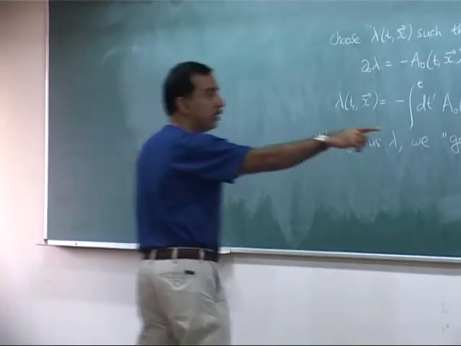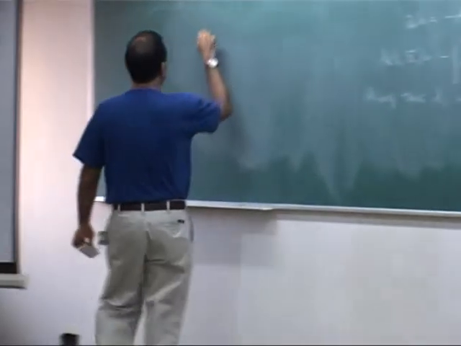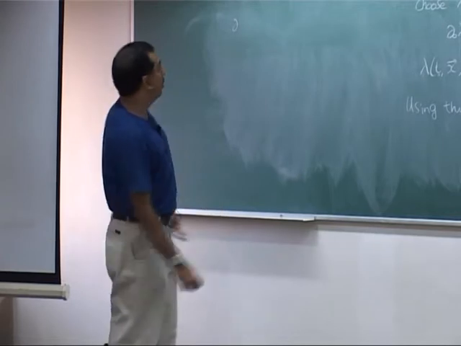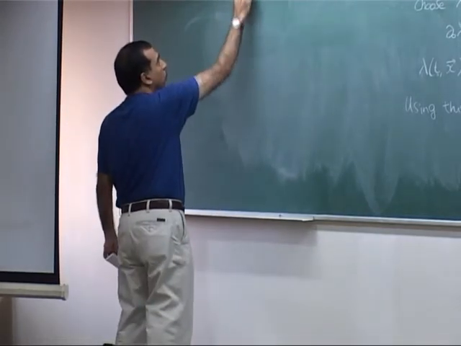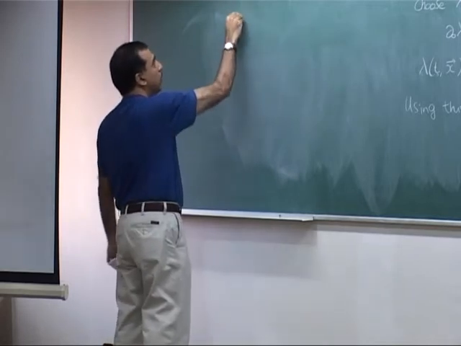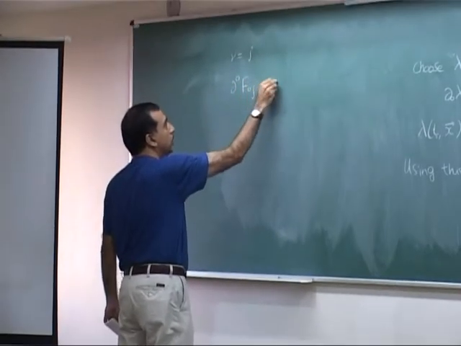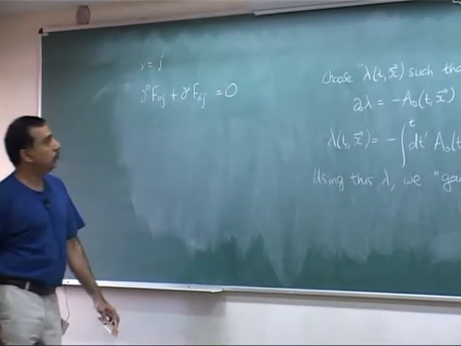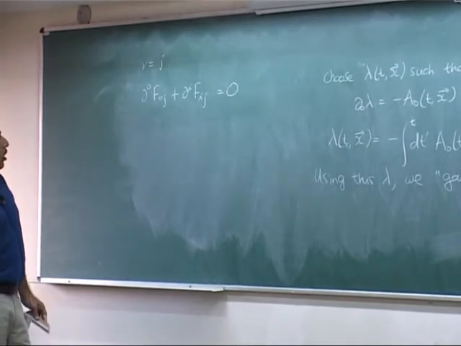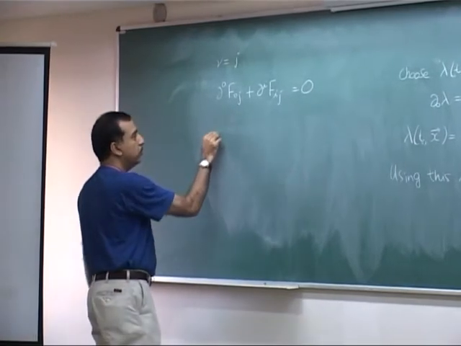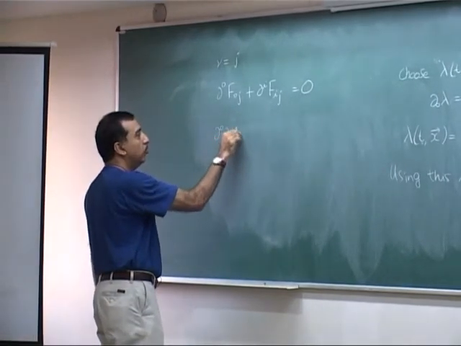Now that was one equation. This is a useful equation, so I put it in a box. Let's write the other equation. The other equation comes when you take the index nu equals I, or maybe better, j. So you get del 0 f0j plus del I fij equals 0. Now again let's evaluate this in the gauge where A0 is 0. So this first thing is just del 0 of Aj.